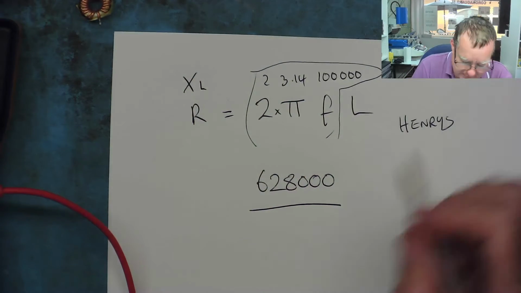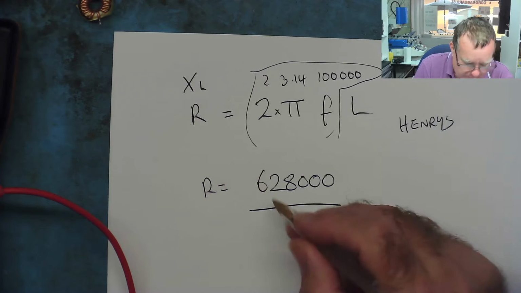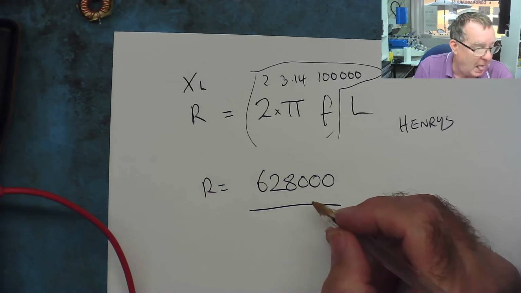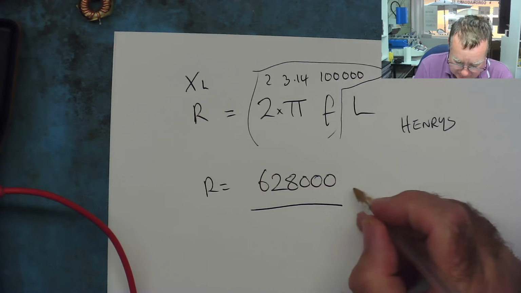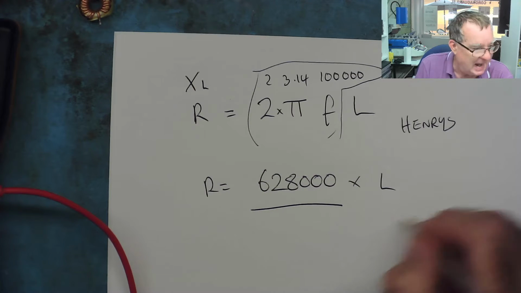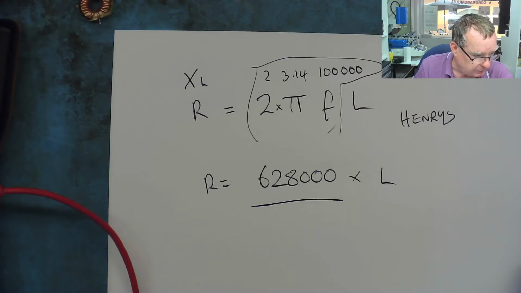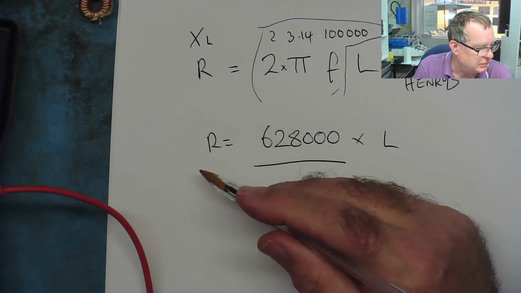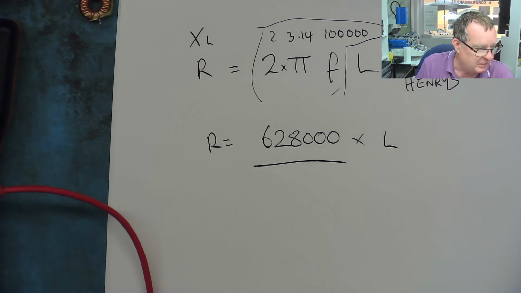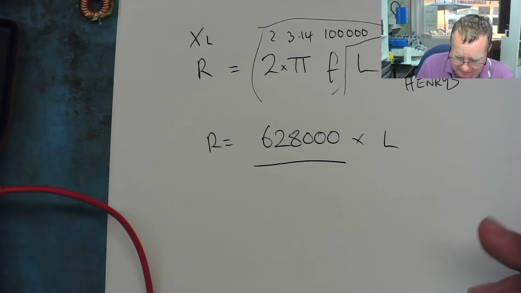So basically the resistance that we read equals 628,000 times the inductance in henries, okay? If you know what the inductance in henries is, you can work out what the resistance should be. So let's have a go at that, and let's see if the ones we measured were actually reading correctly.